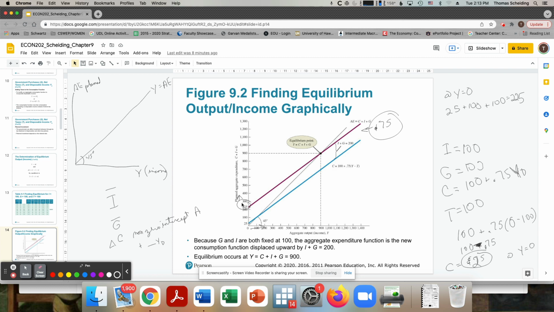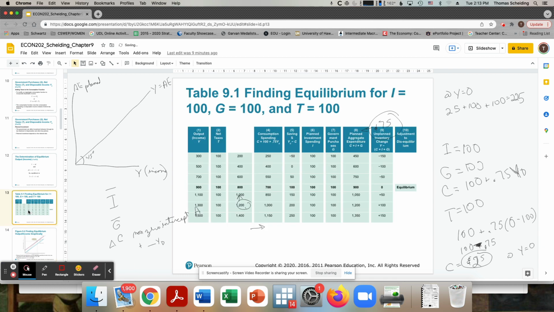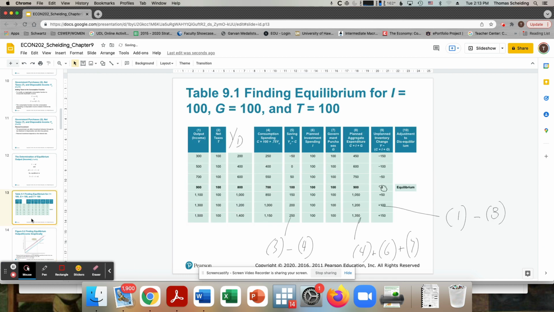For every $100 increase in income, aggregate expenditures goes up by 0.75 or 75. Here, you're not exactly seeing it that way because it's increasing here by units of 200.